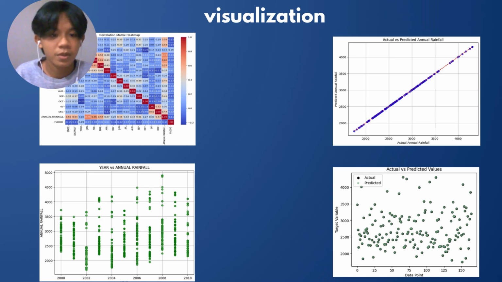For the next graph, we have a data plot comparing actual versus predicted values. For this graph, we know the accuracy of the data plot from 0 to n is perfect, or accuracy is 100% with the target variable. So it is proven with linear regression.